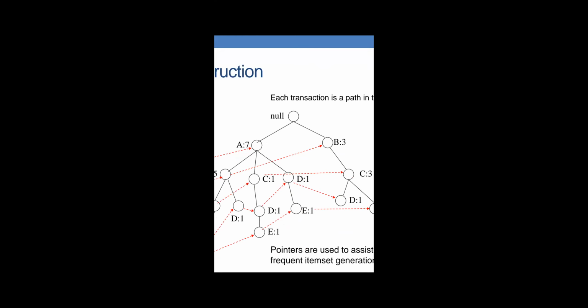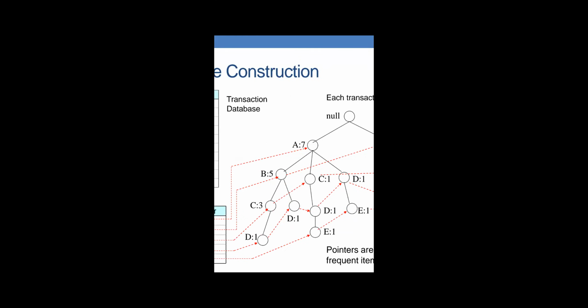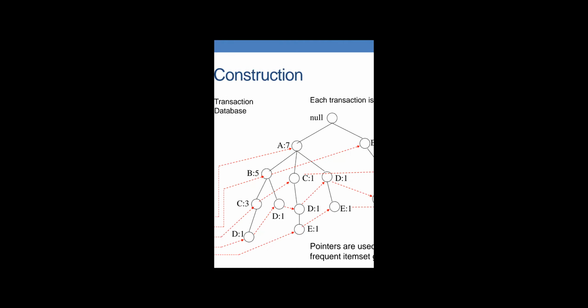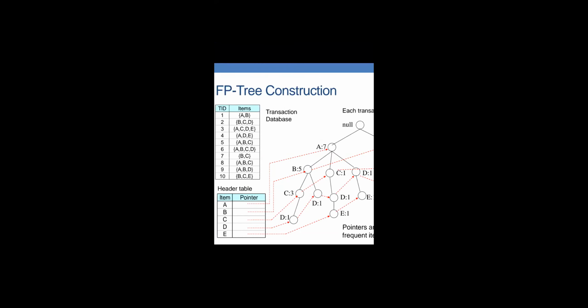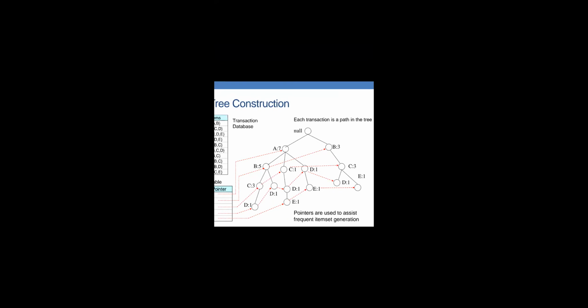Whenever you consider ABC, that time you consider this left side tree, whereas when you consider BC only, that time you consider the right side tree only. So in this way we can process here. We can get the pointers and use them to assist with finding the frequent item sets.